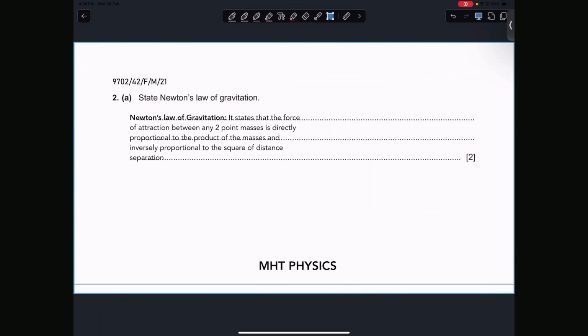Newton's law of gravitation states that the force of attraction between two masses is directly proportional to the product of the masses and inversely proportional to the square of their distance of separation. I'm checking whether the point mass is mandatory. Some years they do, some years they don't. There's a bracket, what does that mean? Optional. Okay, so it's not mandatory. But the underlined part must be there in exactly the same way.